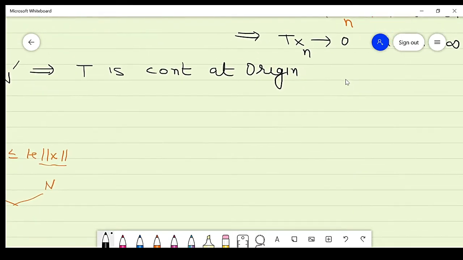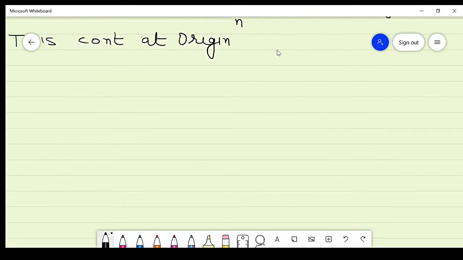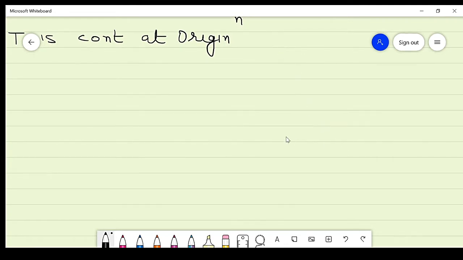Now the second part. In the second part, the given is T is continuous at origin. Now second implies first, right? The given part is T is continuous at origin, and our purpose is to prove that T is continuous.